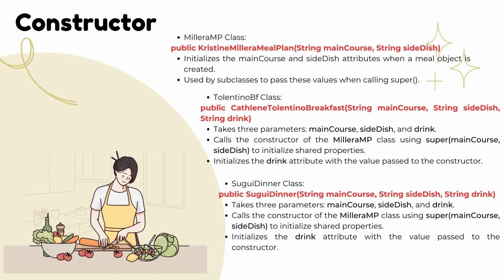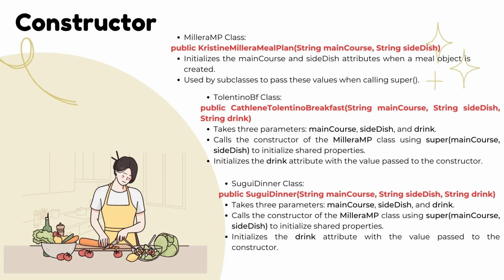Inside the constructor, we call the constructor of the Christine Miller meal plan class using the super method, which is super main course, then the side dish. This is important because it initializes the shared properties defined in the abstract class, ensuring that the main course and side dish are properly set up.